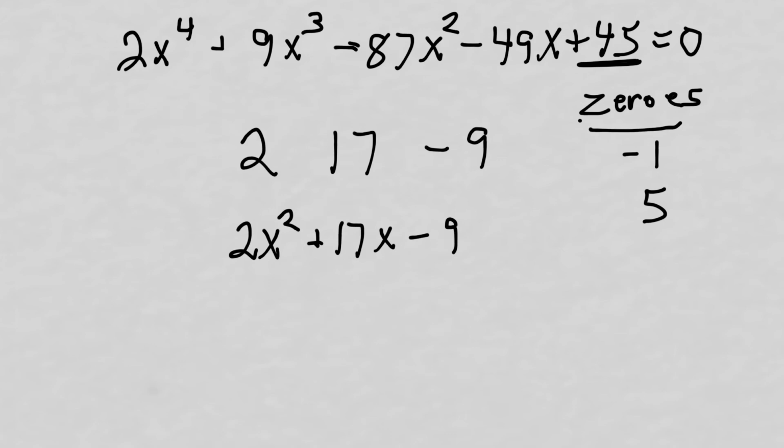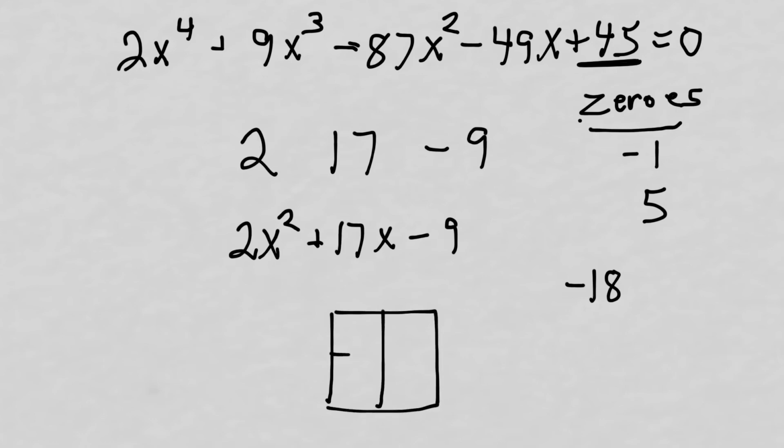All right. 2 times negative 9 is negative 18. Right? Okay. We have to do the boxes. All right. Negative 18. We got to find two numbers that multiply together to give us negative 18, but add together to give us 17.